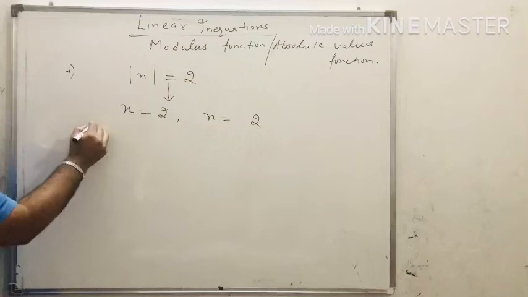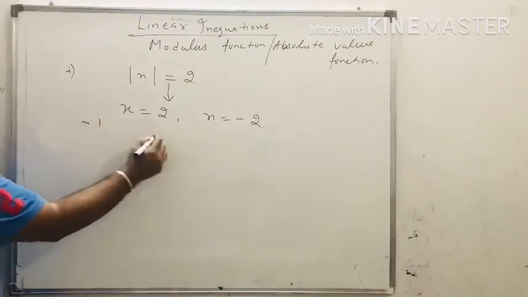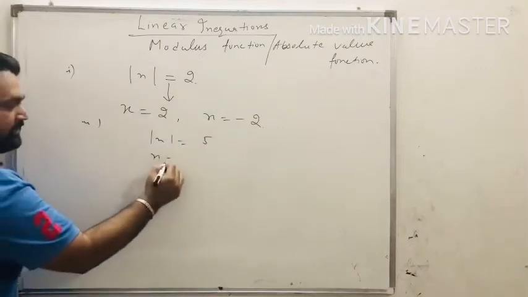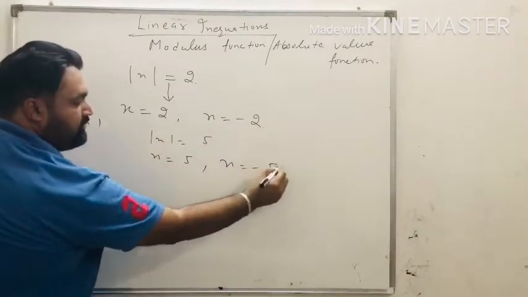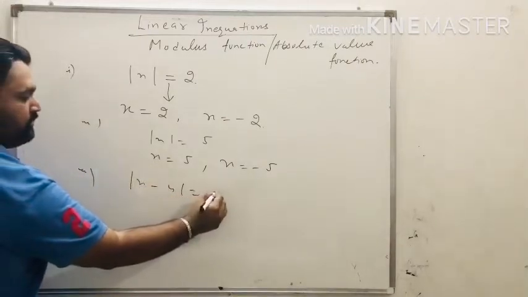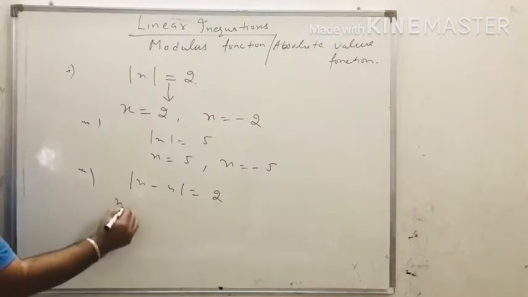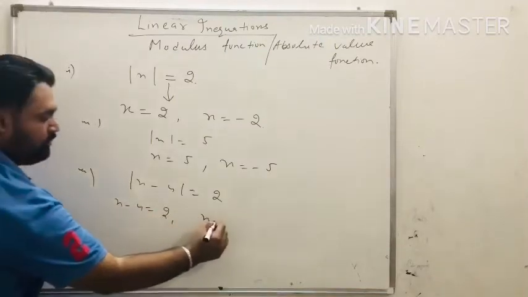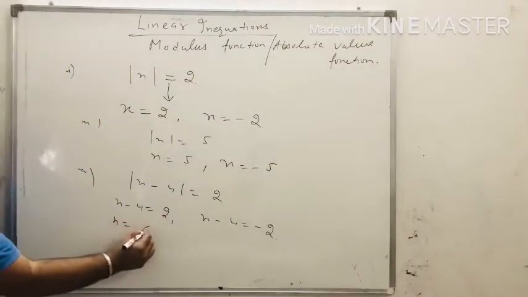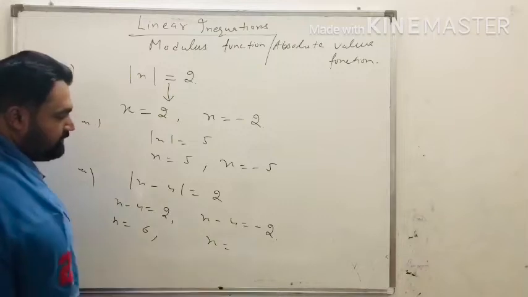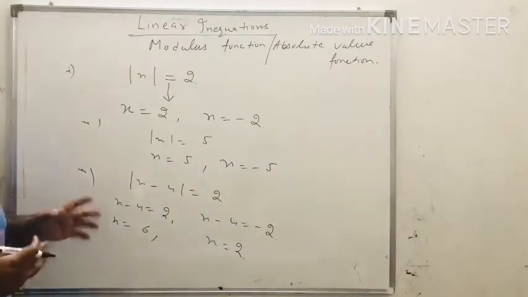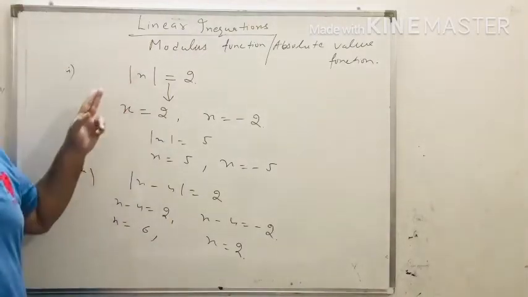Again, if modulus of x minus 4 equals 2, either x minus 4 equals 2 or x minus 4 equals minus 2. This becomes x equals 6, or x equals 2. So this is the totally basic concept of modulus function.